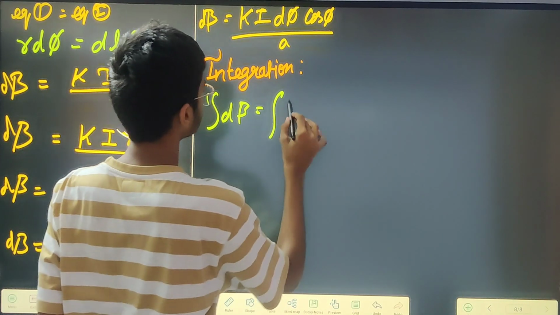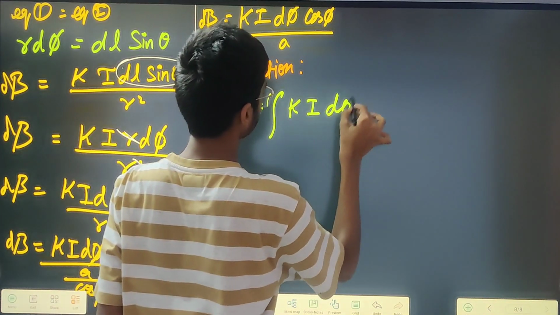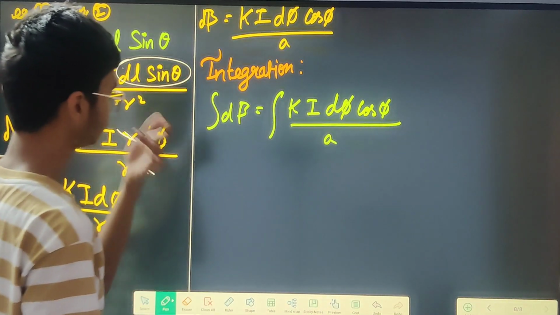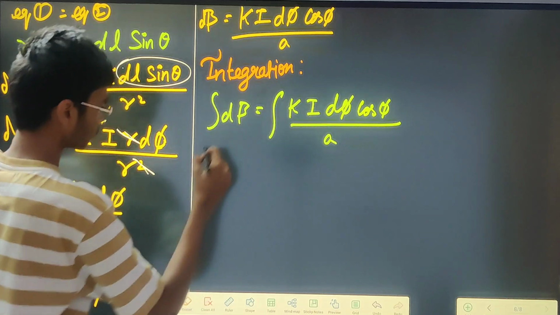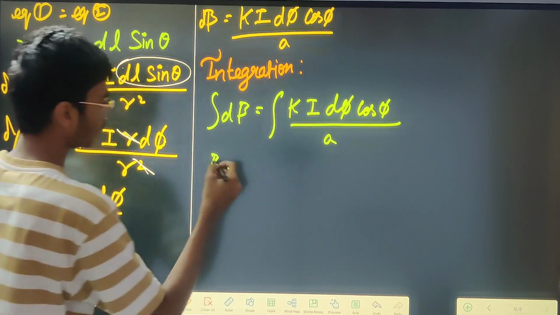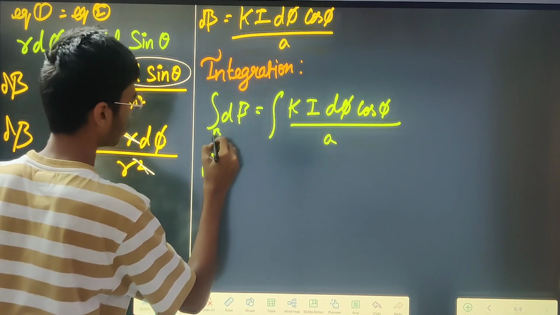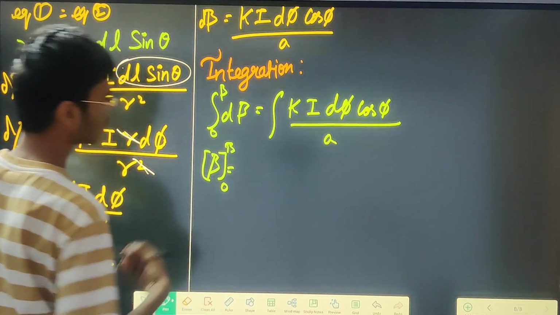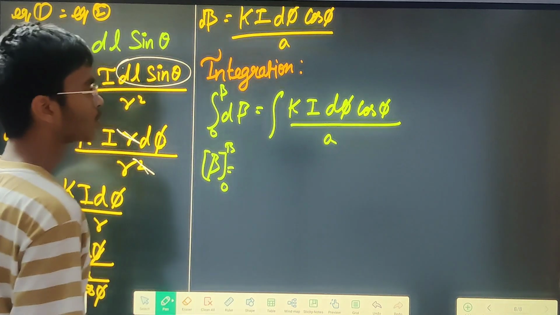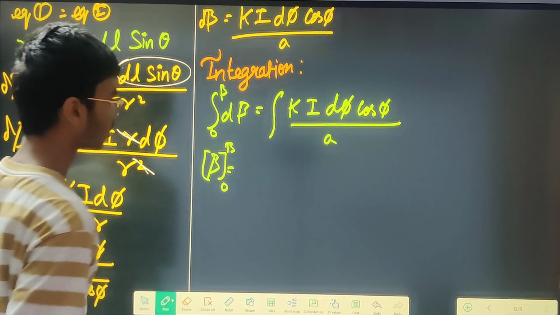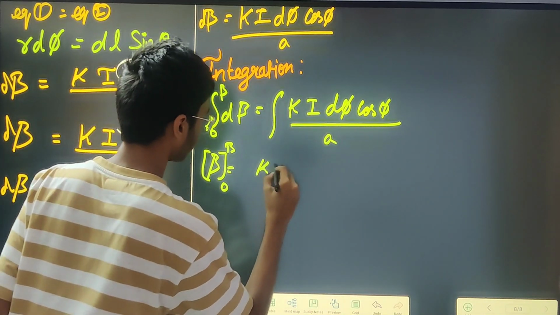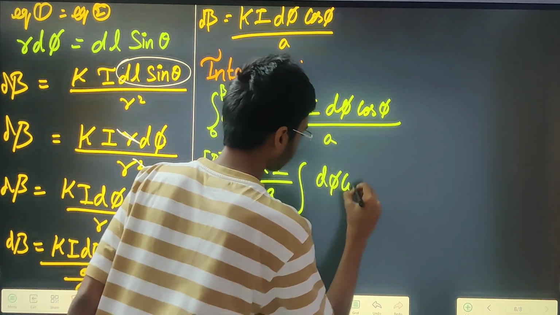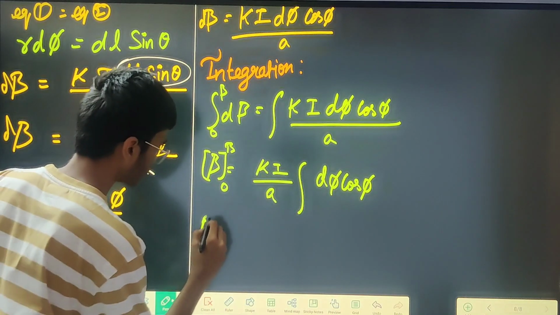So integration of Ki d phi cos phi whole divided by A. Because all these are constant, Ki by A I will take out, and it will be d phi cos phi, so it will be just B.